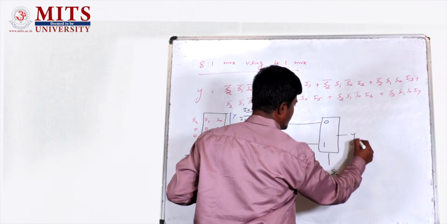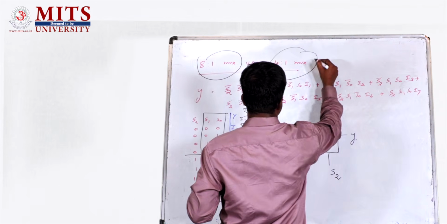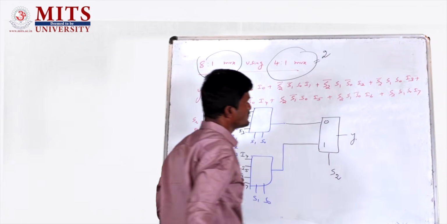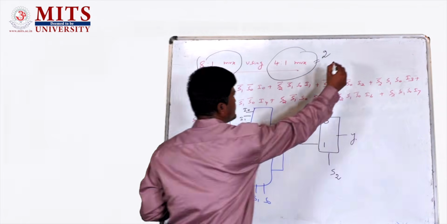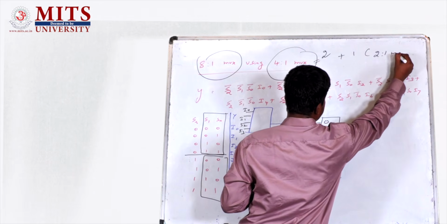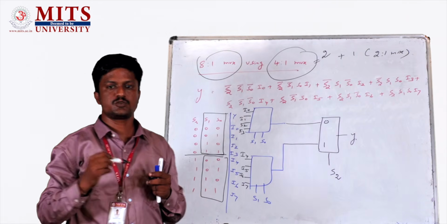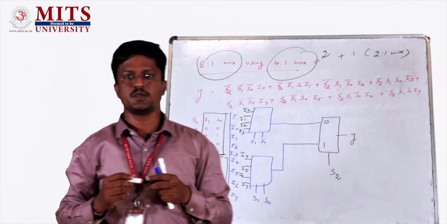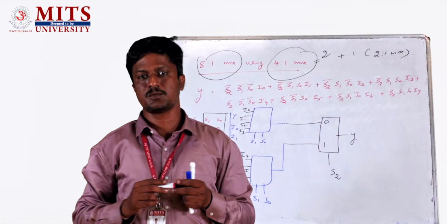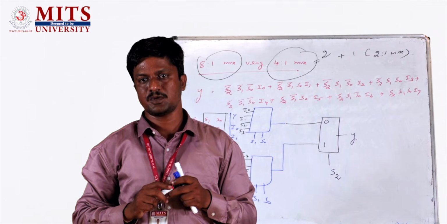Now for an 8:1 mux, you need 2 4:1 muxes plus 1 2 is to 1 mux. So clear? So an 8 is to 1 mux is realized by using 2 4 is to 1 muxes and 1 2 is to 1 mux.